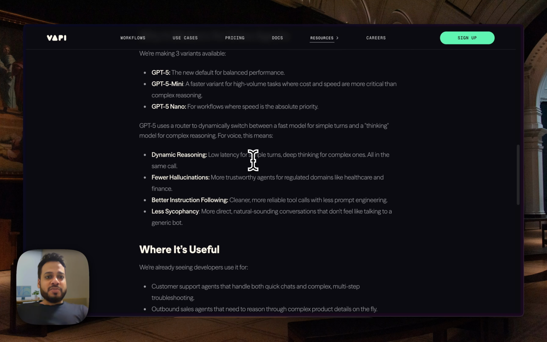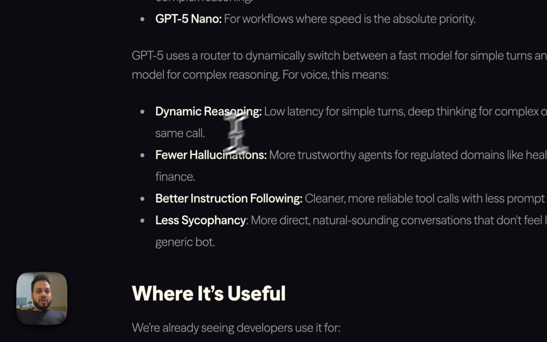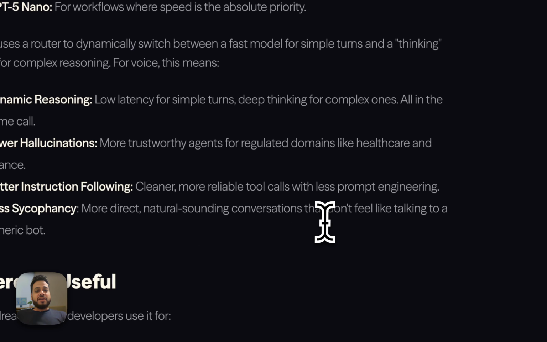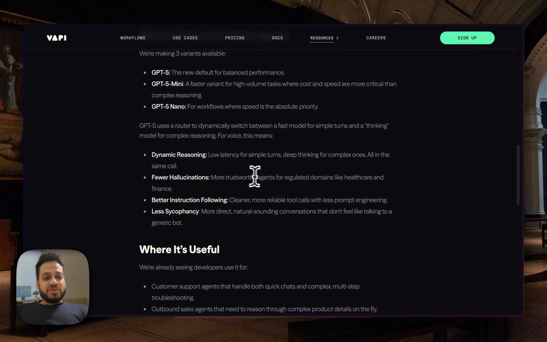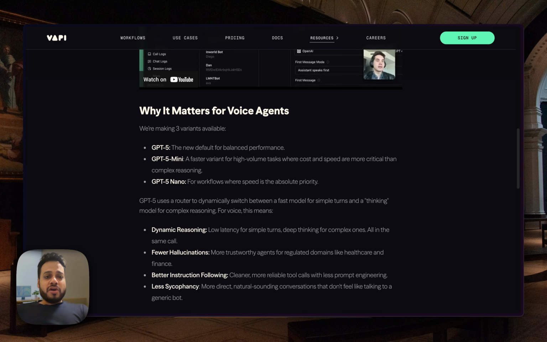For voice, this means we have dynamic reasoning, fewer hallucinations, better instruction following, and less sycophancy, which is more direct, natural sounding conversations that don't feel like talking to a generic bot. So latency, hallucinations, instruction following, and sounding like humans are probably the 4 things we are most concerned about when we try to use any LLM with our voice AI agents. And that's all VAPI tells me in their blog post.